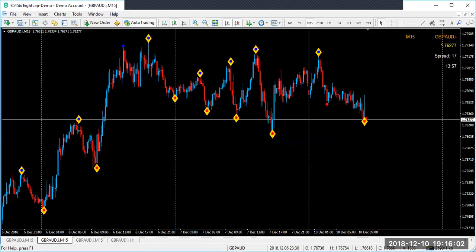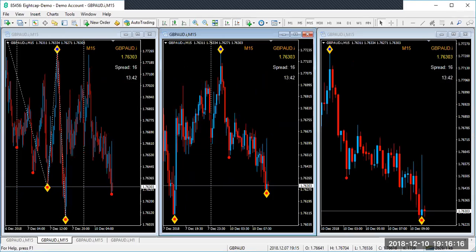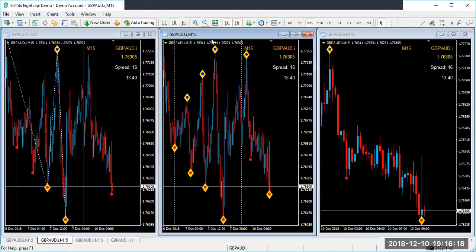So you can see at 20, at the smaller setting, we have a few more diamonds. Now this is the same 15-minute as the other 15. Now you can see my left-hand one has got the highest threshold with the white lines joining to say current high, current low.